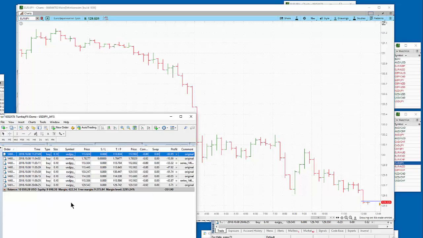Now every pair is different, you guys know that. So some pairs the pip value is 70 cents, other pairs the pip value is $1.30. Whatever, right? Pip values can change, but in general, a one mini lot trade is going to be approximately $1 per pip in value, right?